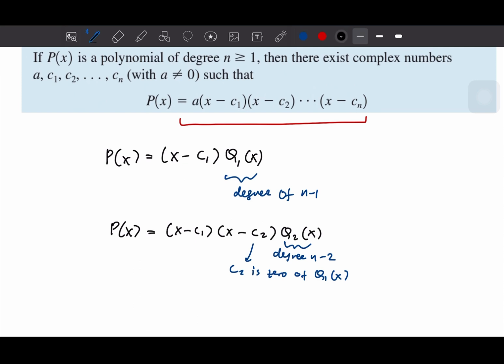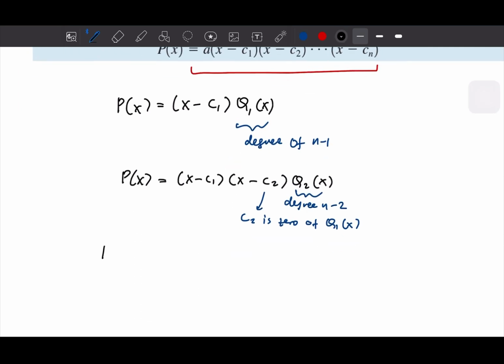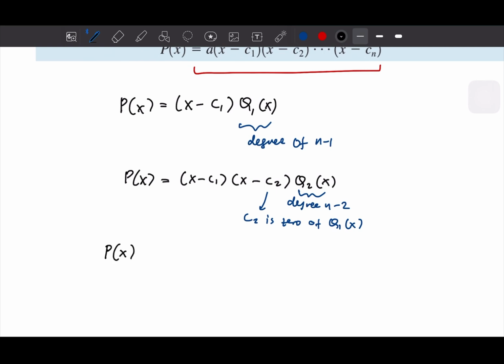And if we repeat this process, we would have factors up to cn, n times, for an n-degree polynomial.